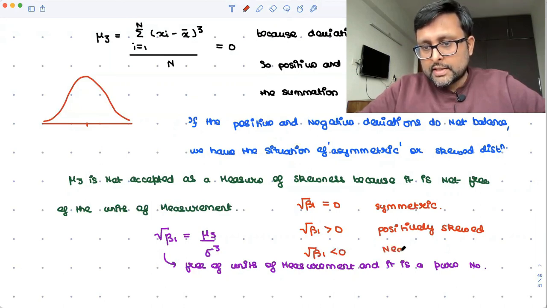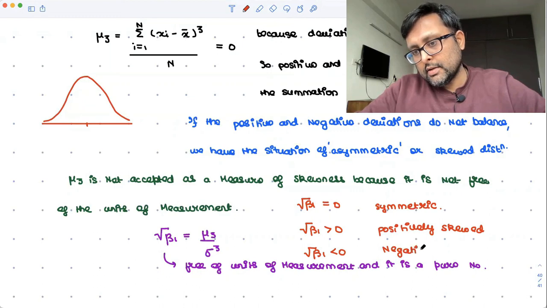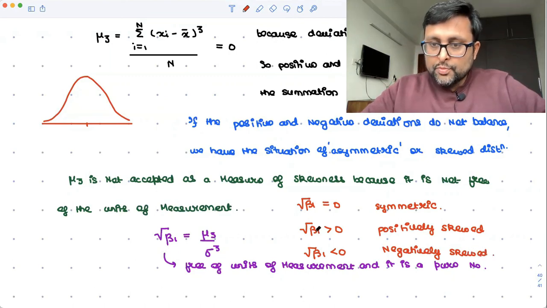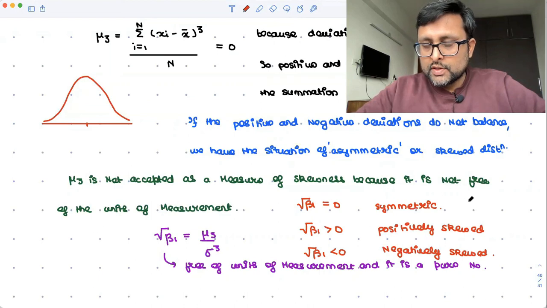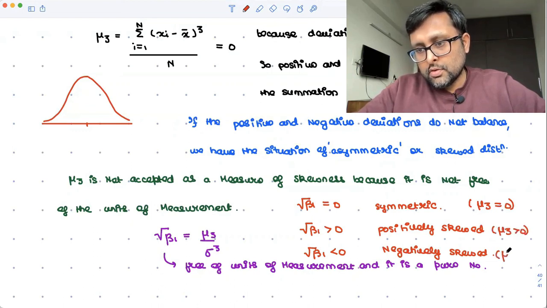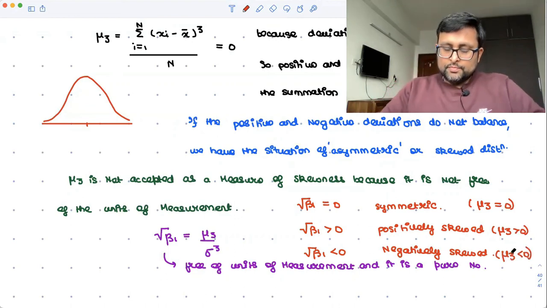When mu3 is less than 0. So in that case, the distribution is going to be negatively skewed. So this is when mu3 is equal to 0. This is when mu3 is greater than 0. This is when mu3 is less than 0.